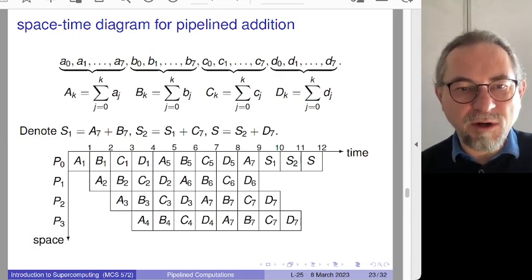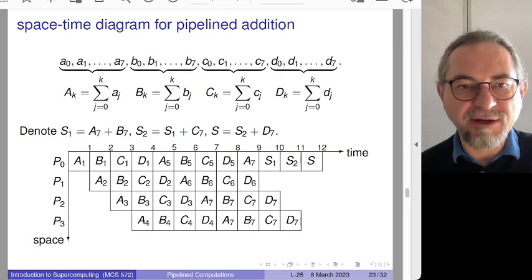So A1 gets computed, which is A naught plus A1. Then the next processor starts with B naught plus B1, while the processor P1 adds to the sum A2.